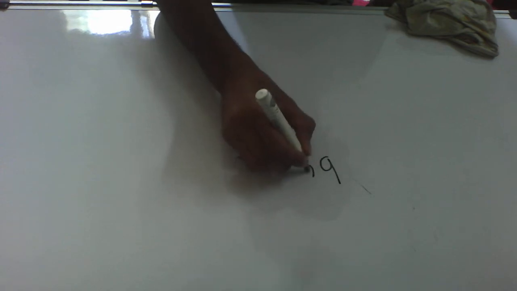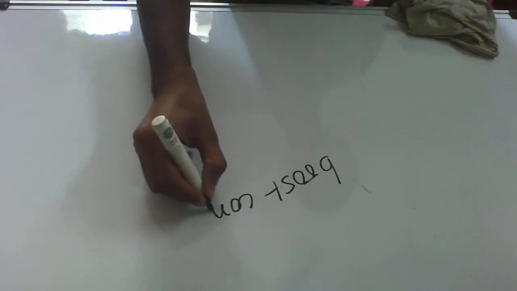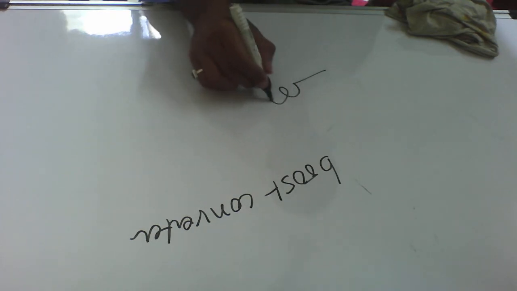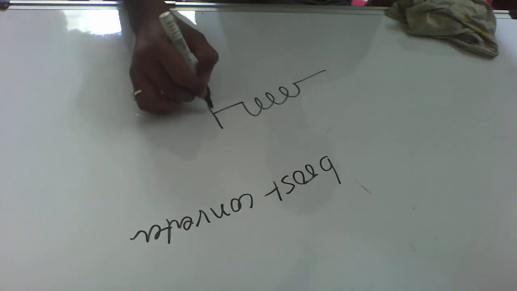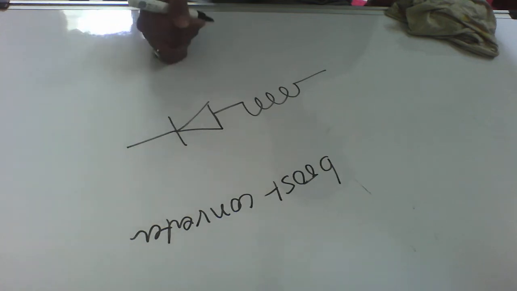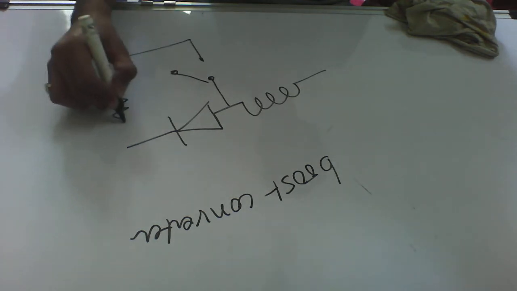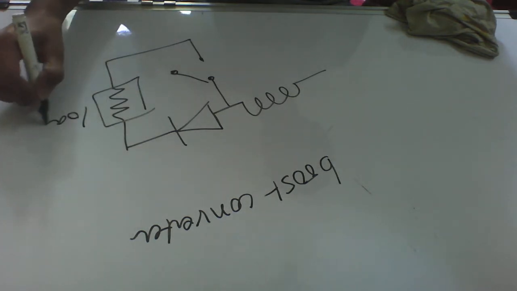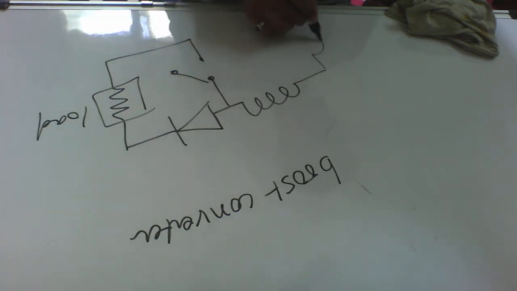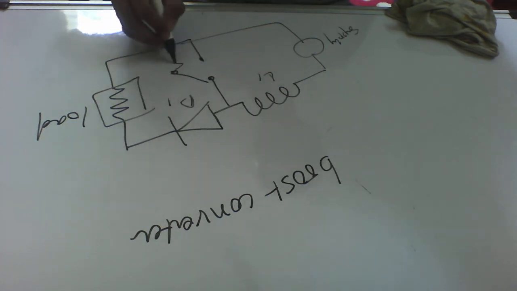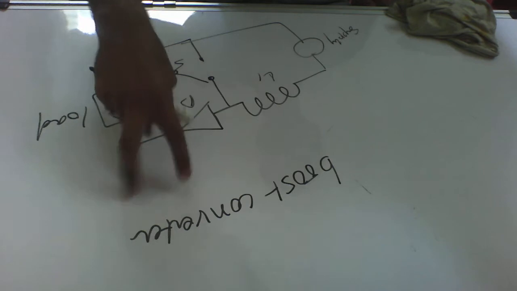First of all, the boost converter. What does a boost converter do? It has an inductor followed by a diode, with a switch connected in the middle, a load connected at the end, and a supply. So this is the basic structure of a boost converter.